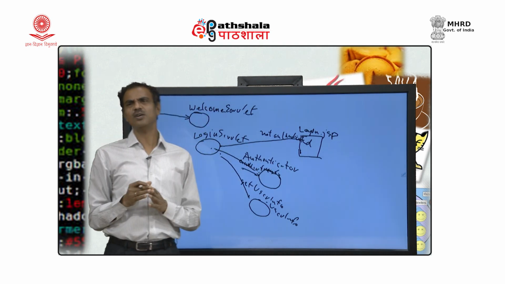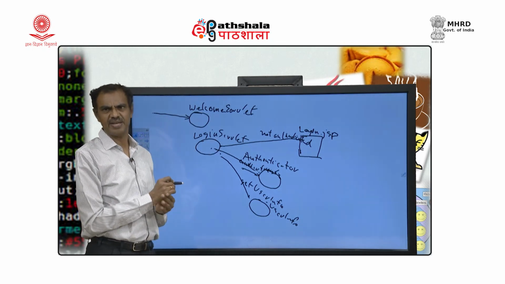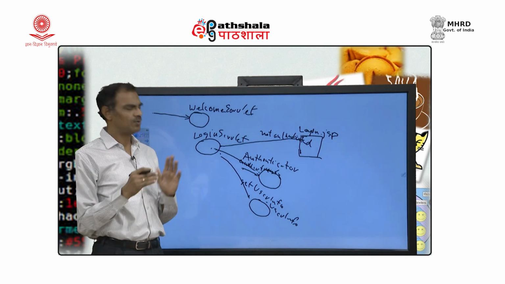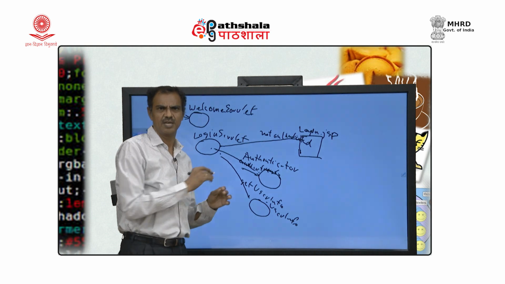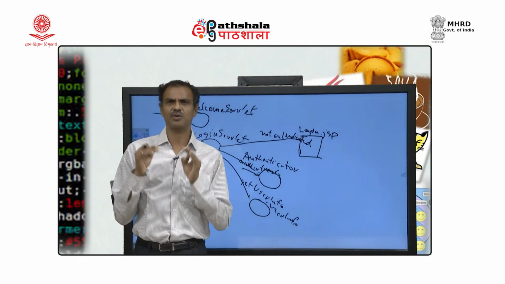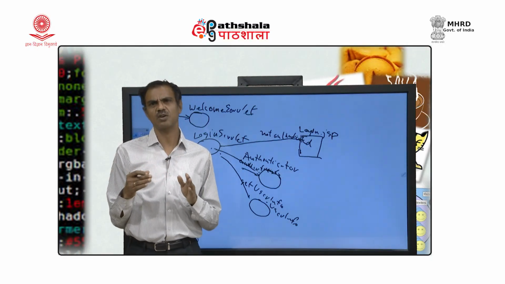But if he is already authenticated, if the credentials are good, it can do one more check. Its role will be to check whether the user has requested to remember his login credentials.